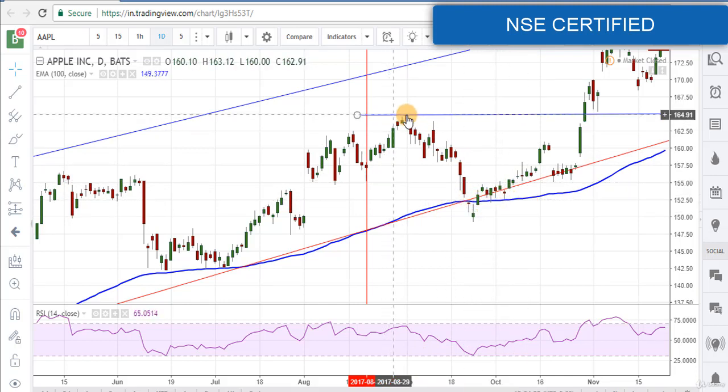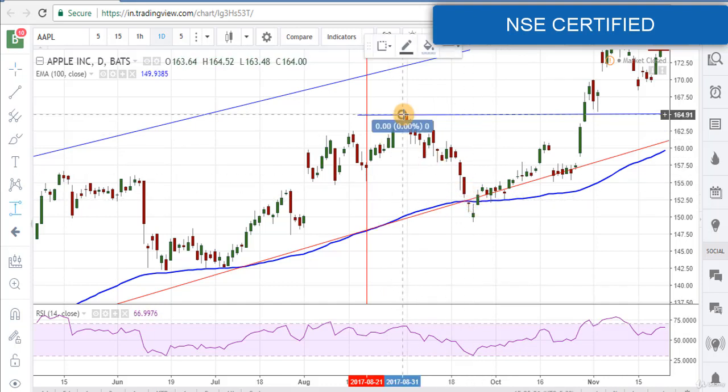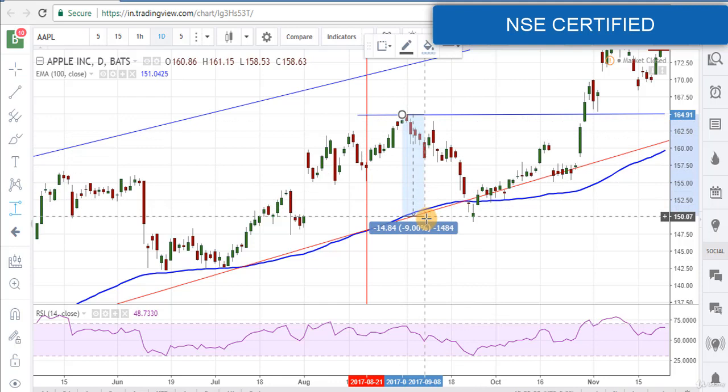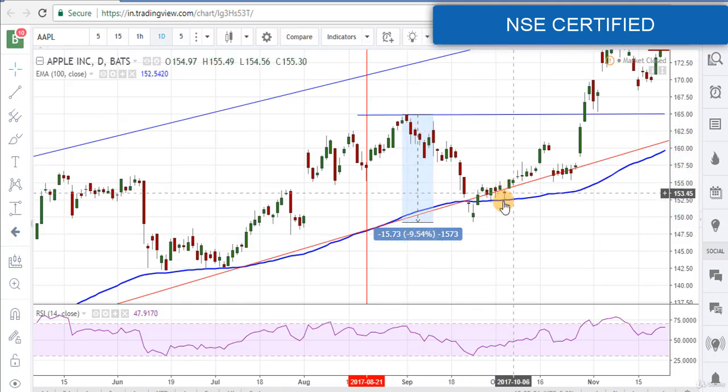The stock retraced up to the trend line and this moving average. If we calculate the fall, the price has made a fall of 9.54%.